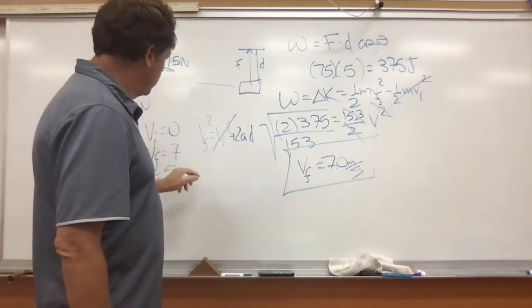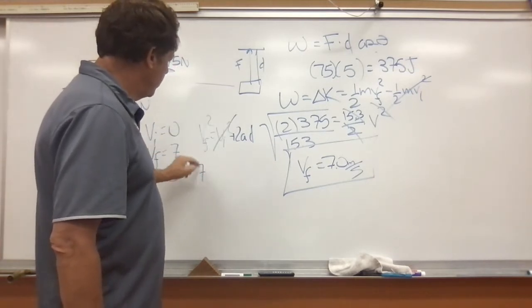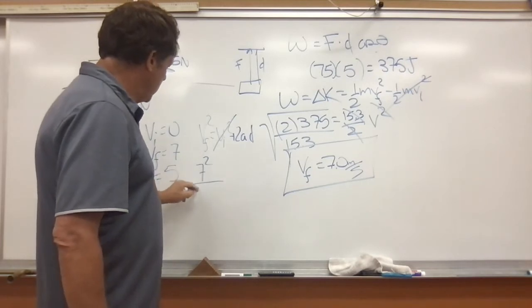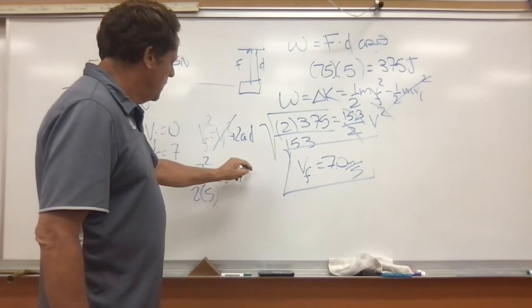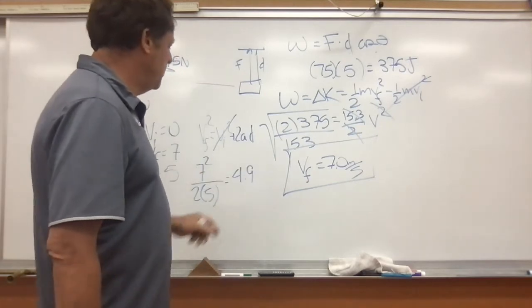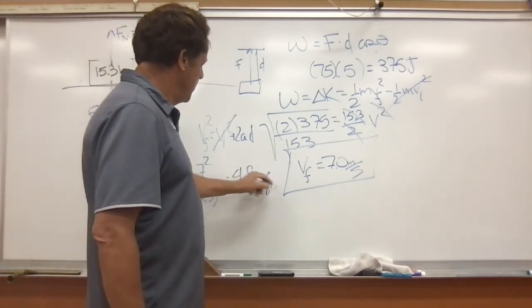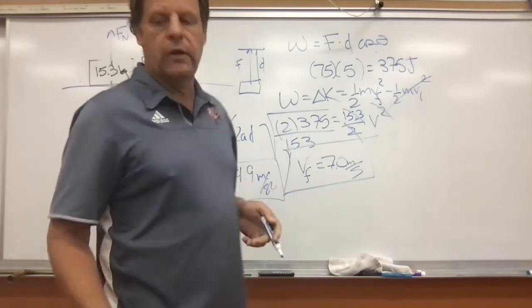This initial velocity is 0, so we're going to have 7 squared divided by 2 times 5, which is going to be, the acceleration is going to be 4.9 meters per second squared.